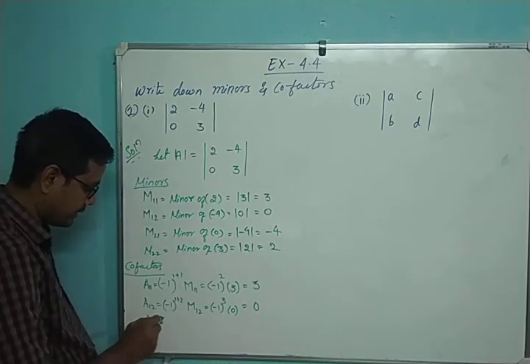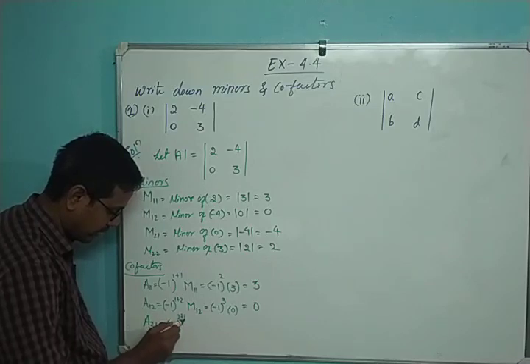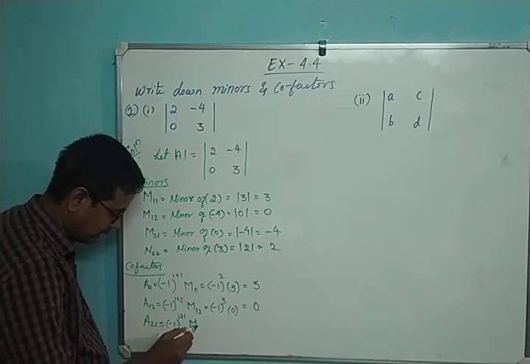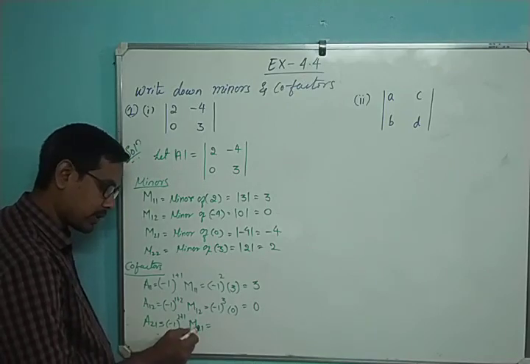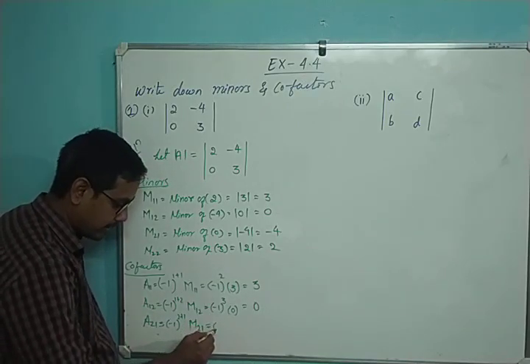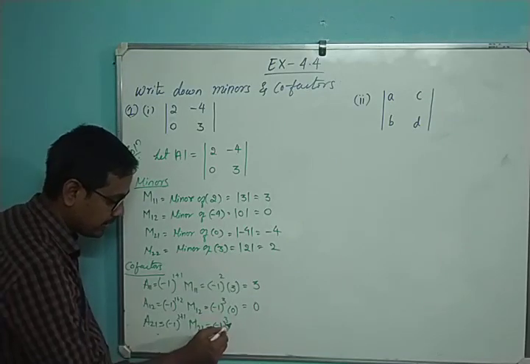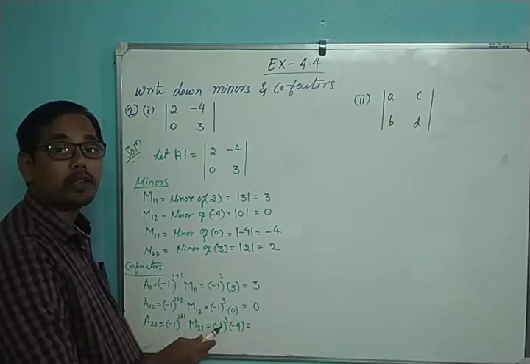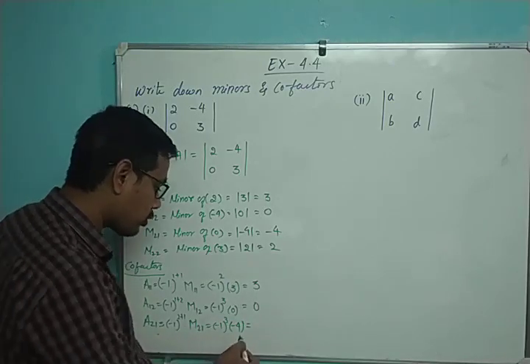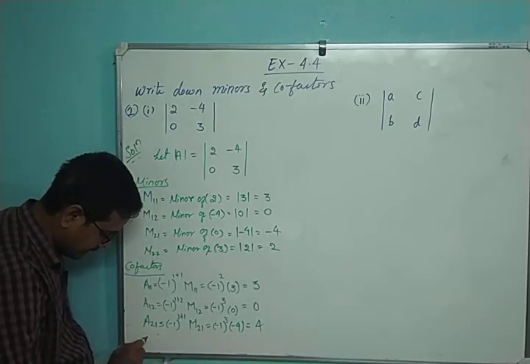A21 is minus 1 to the power 2 plus 1 into M21. Minus 1 to the power 3 into M21, which is minus 4. Minus 1 to the power 3 is minus 1, and minus 1 into minus 4 is plus 4.